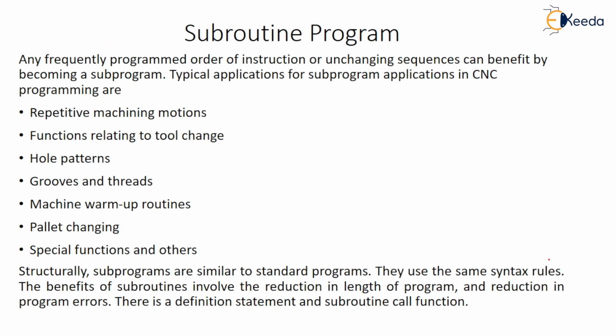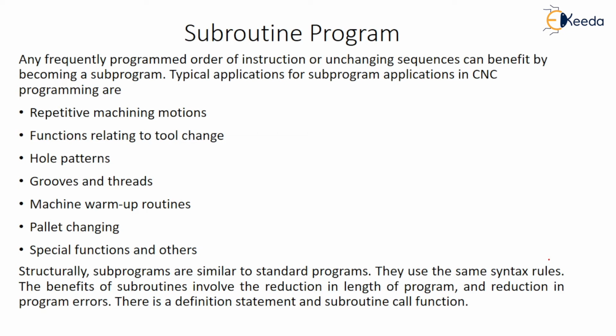Subroutine program. Any frequently programmed order of instructions or unchanging sequences can benefit by becoming a subprogram. Typical applications of subprograms in CNC programming are repetitive machining motions, functions related to tool change, hole patterns, then grooves and threads, machine warm-up routines, then pallet changing, special functions and others.